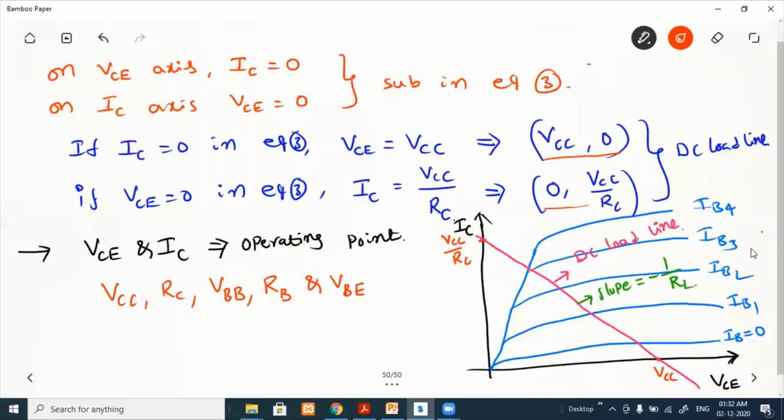In addition to the output characteristics of the transistor, all these parameters decide the operating point.